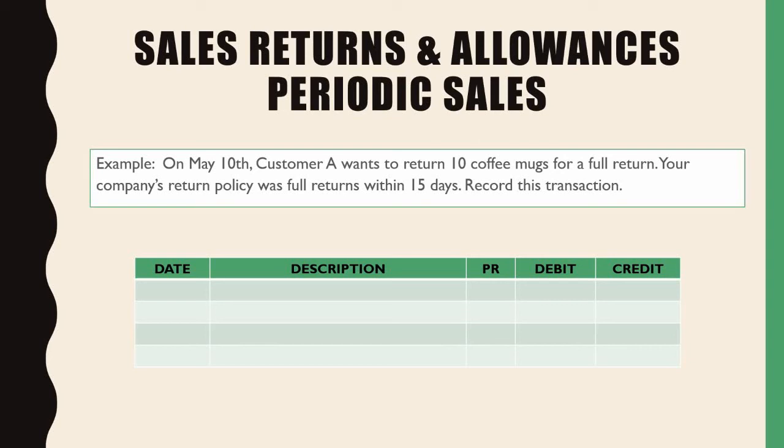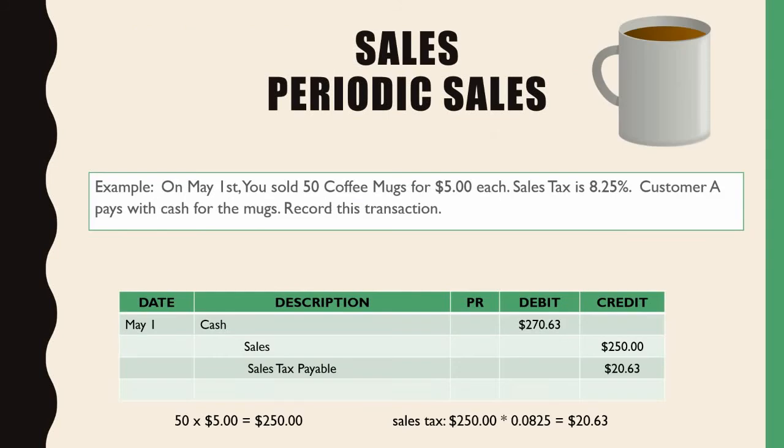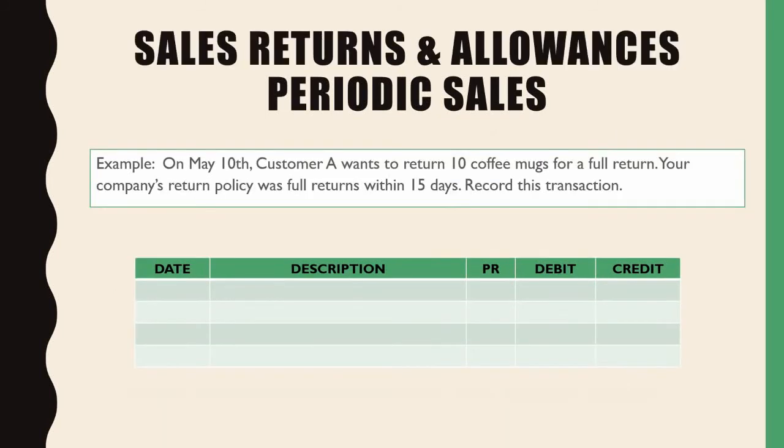And what's the assumption? How did customer A pay us? Was it on credit? Let's go back to the previous one. Oh, she paid with cash. She paid with cash, so therefore we're going to recognize sales returns and allowances.